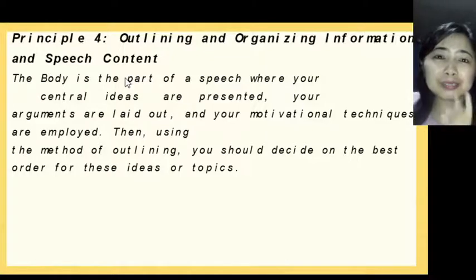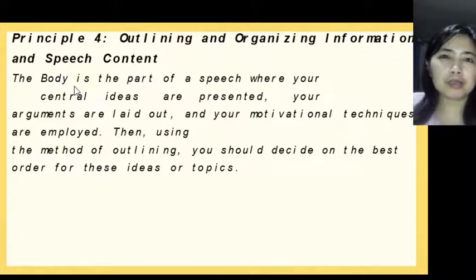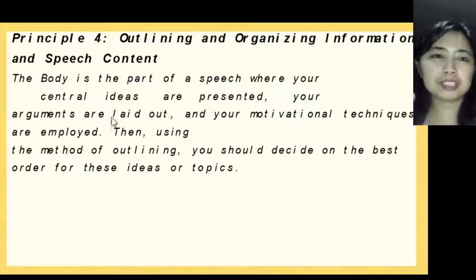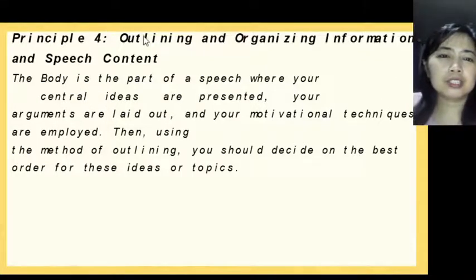Most of us start writing with the introduction, but since the body is the main part of our speech, you can try to start from it. Arguments are laid down; it is where the meat of your message is found, so your motivational techniques are employed.